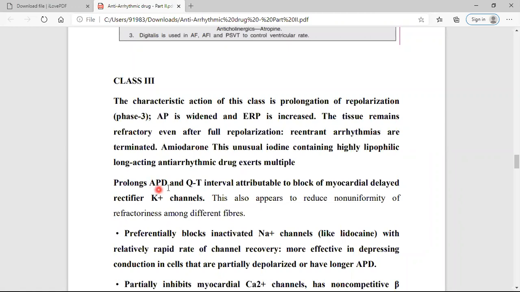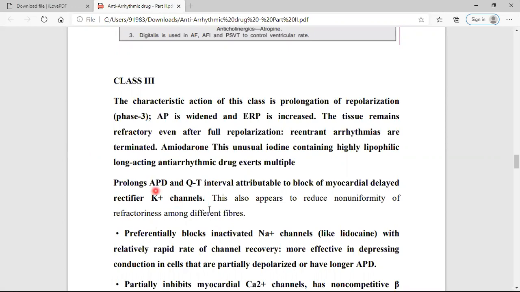It prolongs the QT interval due to blockage of the delayed rectifier potassium channel.